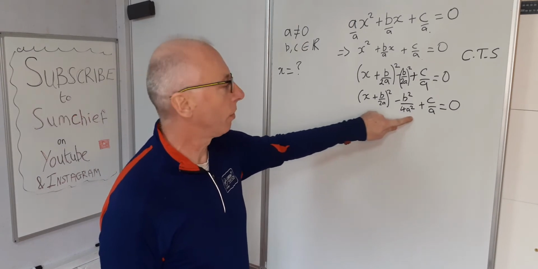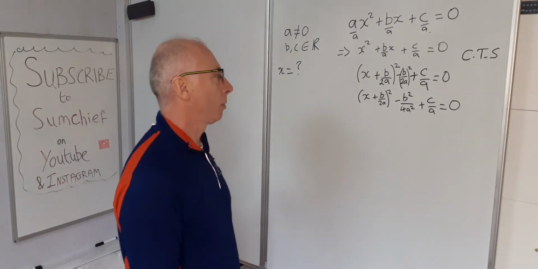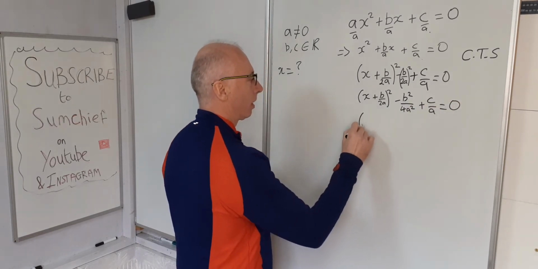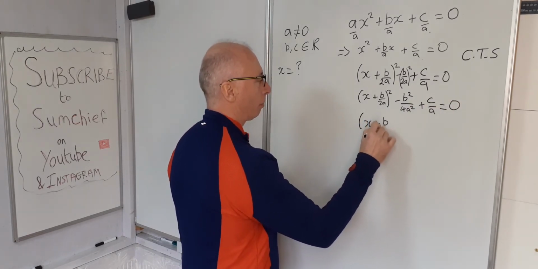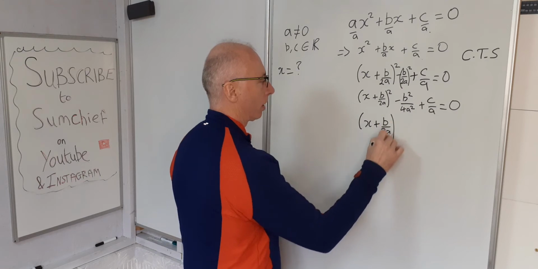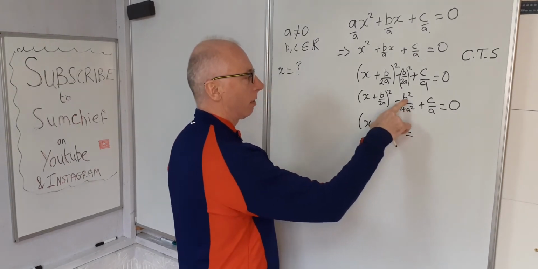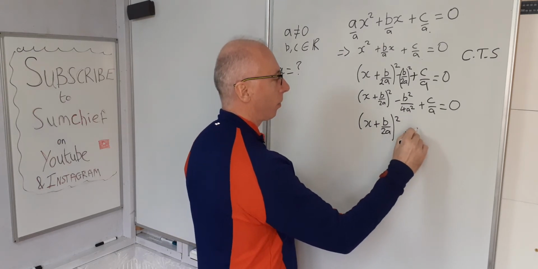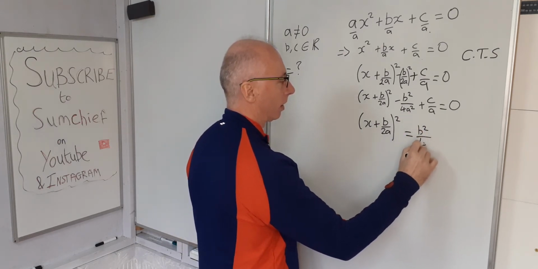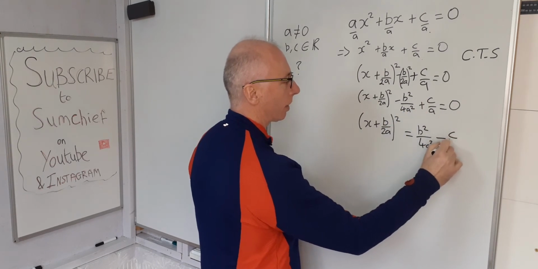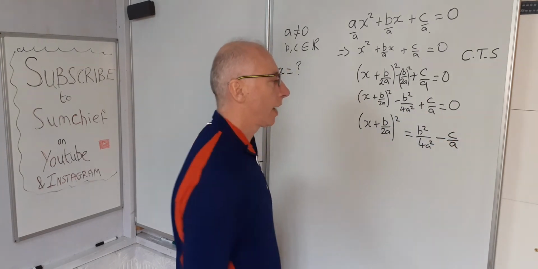This doesn't involve x. So now what we can do is get everything over to the other side. So we've got x plus b over 2a squared equals b squared over 4a squared minus, flick this over, we'll get a minus c over a.